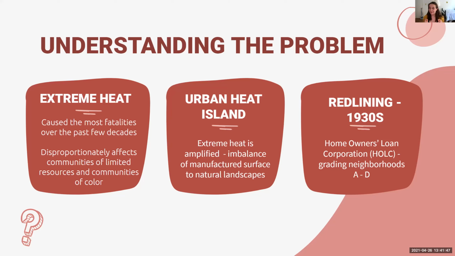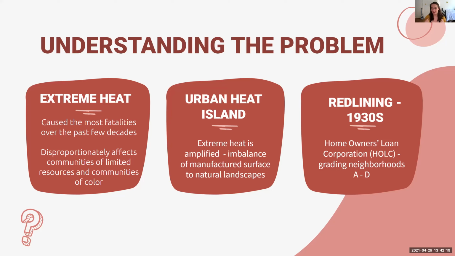So let me define redlining really quickly. Redlining is a term to refer to this event of grading neighborhoods, but more specifically, it refers to degraded neighborhoods, and these are the worst neighborhoods. So when they were graded, neighborhoods were either given a grade of A, which is the best, B, C, or D, which is the worst, and they were color-coded on a map.